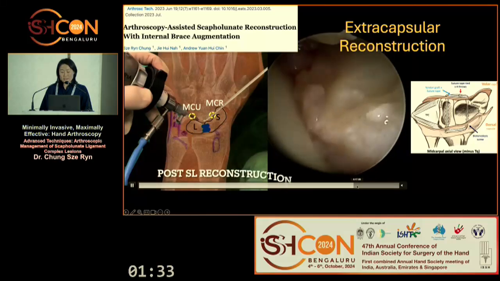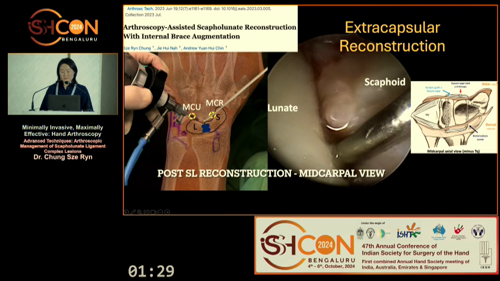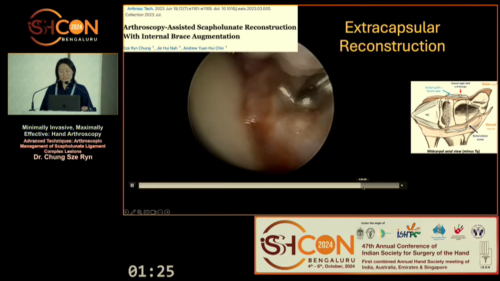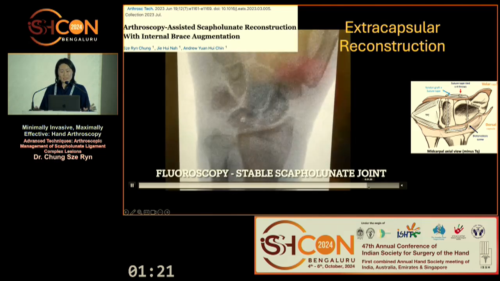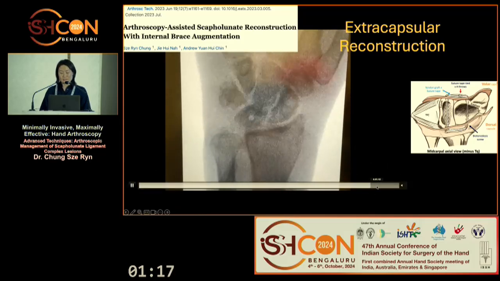So after tying, you can see that from the scope, the scapholunate joint is more stable. And then when you do a fluoroscopy to sort of load the wrist, you can see that there is no widening of the scapholunate gap, and this is obviously just after the reconstruction.